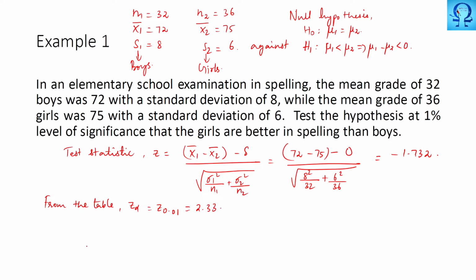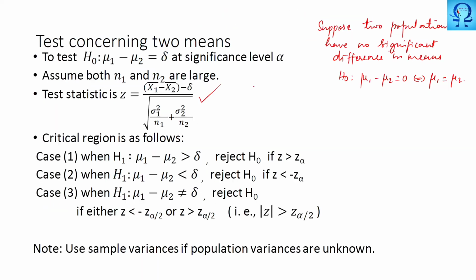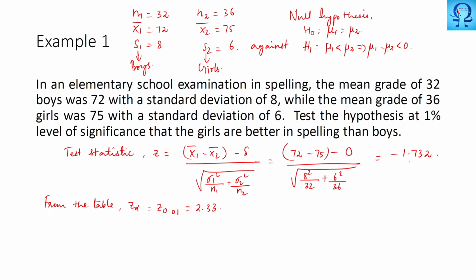Now we will have to check which category this belongs to. We have mu1 minus mu2 smaller than 0, that is smaller than delta. This is the case. So we need to check whether z is smaller than minus z alpha. Here what is the z value? That is minus 1.732, which is smaller than minus 2.33.